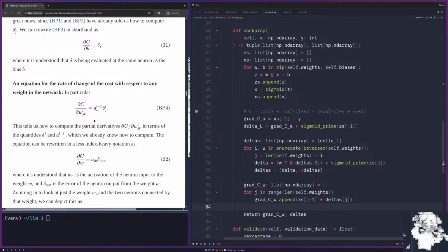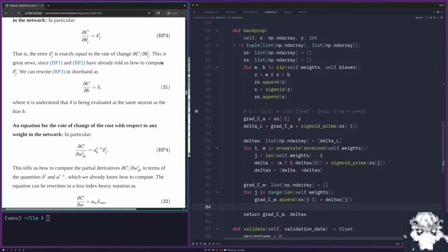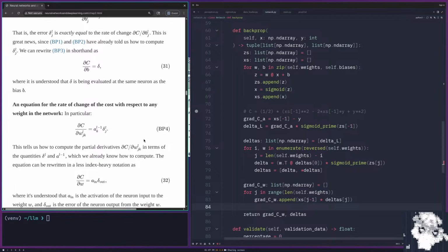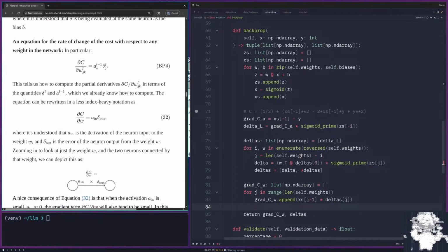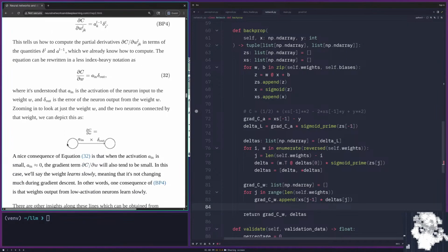Okay. Now I don't understand why BP3 and BP4 are true, but maybe we'll get to that. It's understood that A in is the activation of the neuron input to the weight W, and delta out is the error of the neuron output from weight W. Zooming in to look at just the weight W and the two neurons connected by that weight, the derivative of C with respect to W equals A in times delta out.